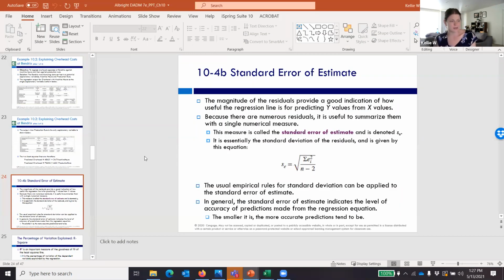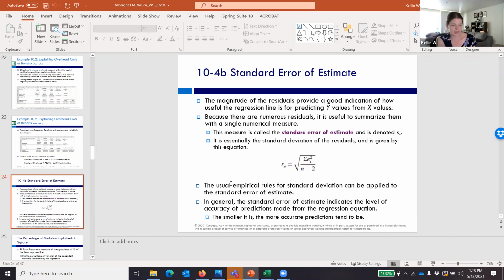Okay, so the magnitude of the residuals is a good indication of how useful our regression line is for predicting. We summarize the overall output for the residuals with a single numerical measure, which we call the standard error of the estimate, S sub E. It's basically the standard deviation of the residuals.